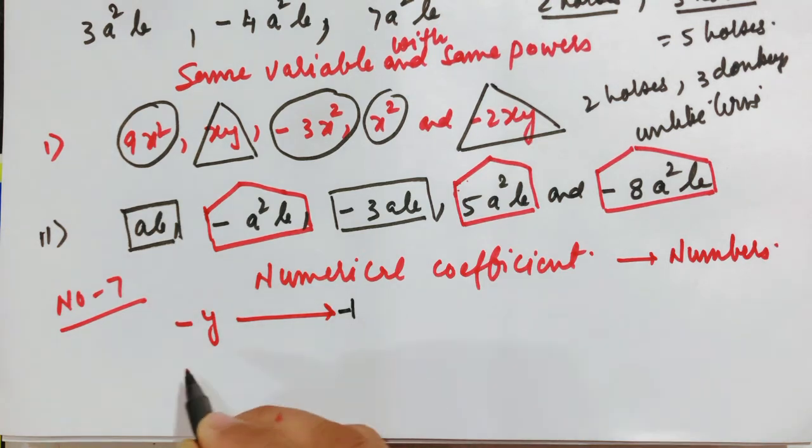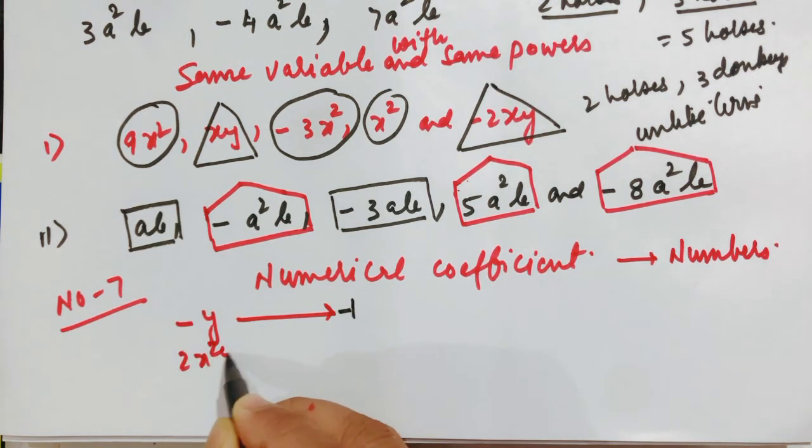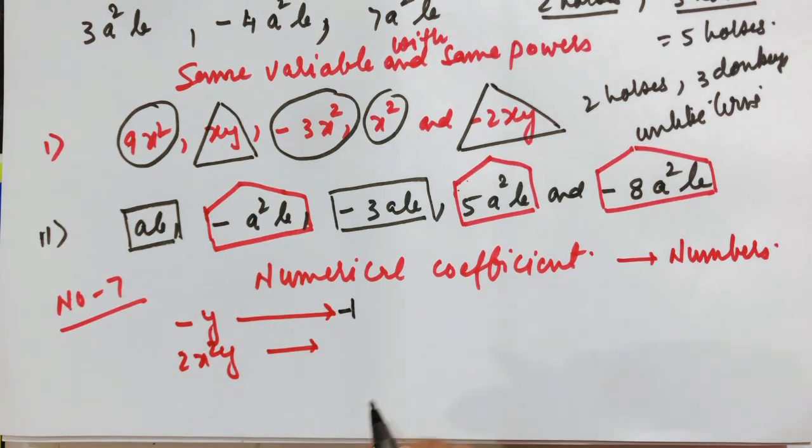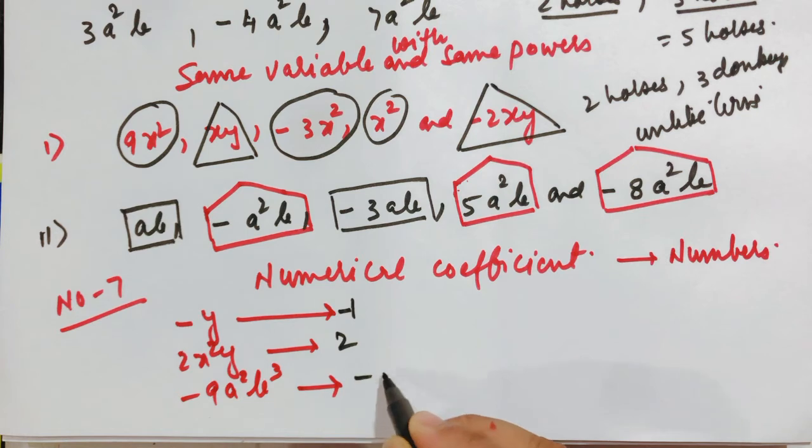Similarly, 2x square y, and they are asking you the numerical coefficient. So it is just 2. Write the numbers only with the sign. For example, once more, minus 9a square b cube. So the numerical coefficient will be minus 9.